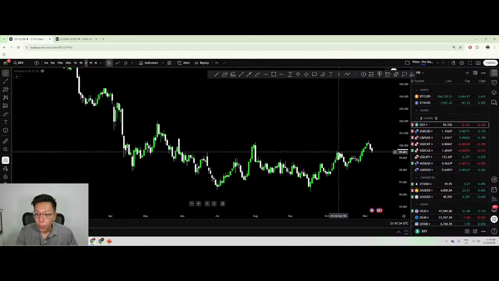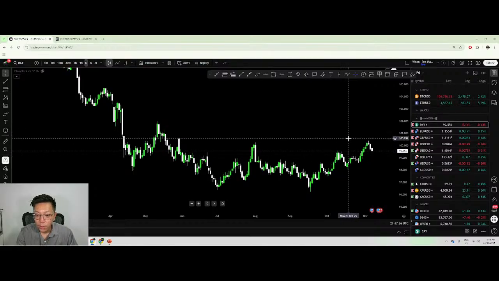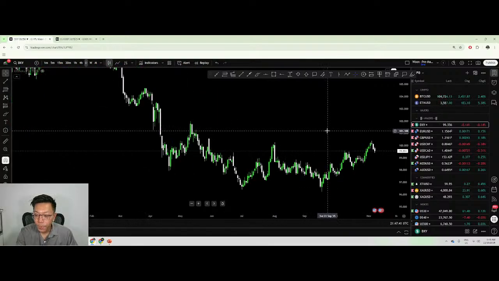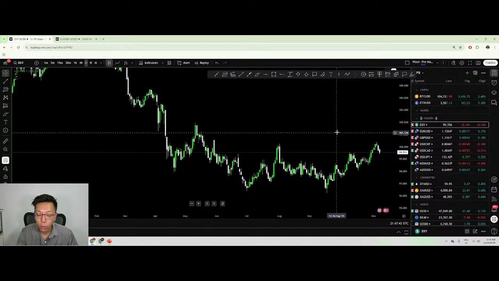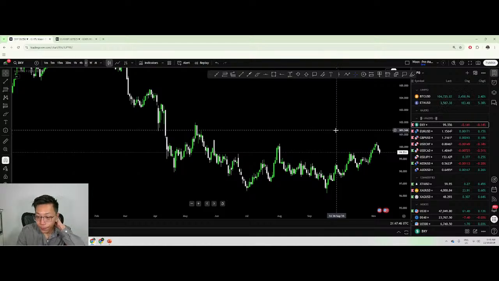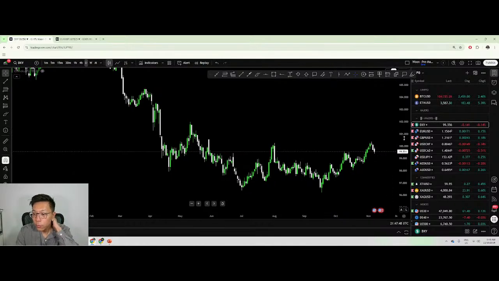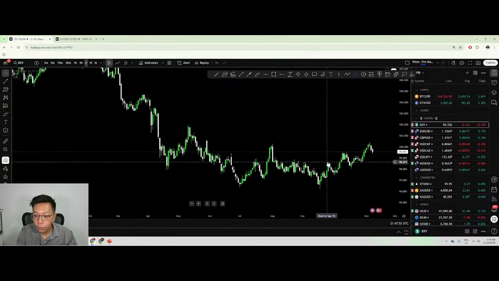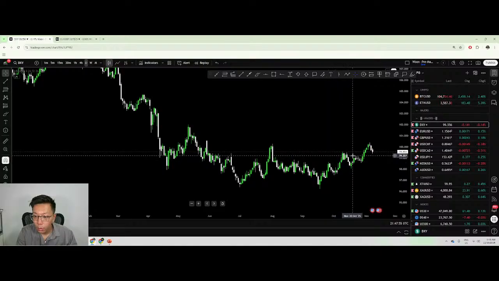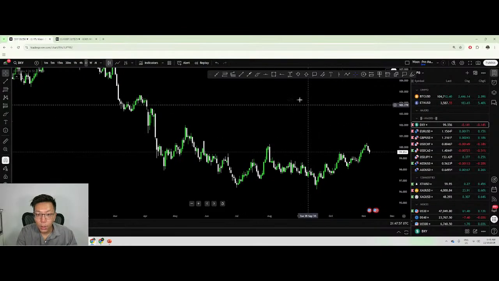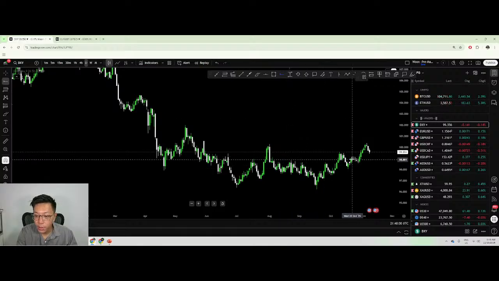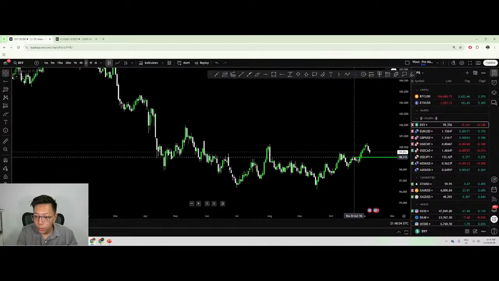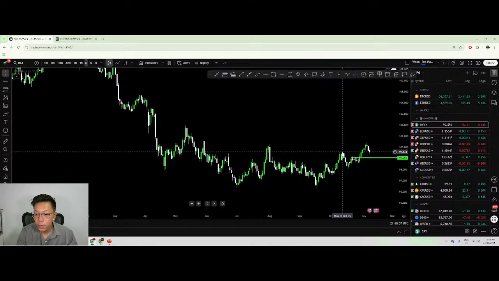Since we have a positive outlook for DXY, let's take a look at what is a bullish setup that we can look for in DXY. Right off the bat I can see that this is a valid pullback support area.